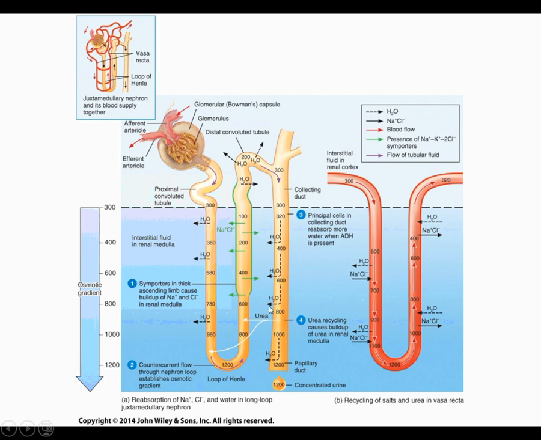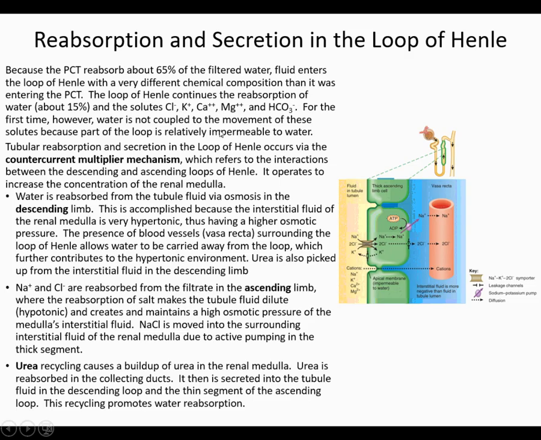So this is just like salt water. They say if you taste the middle part of the kidney, it's going to taste really salty. Now, any of that water that gets pulled out in this descending limb is going to get pulled right into the bloodstream by way of what's called the vasa recta. The vasa recta is the blood vessels that surround the loop of Henle. You can't really see it, but if I went back to the picture of the nephron, you'd be able to see it.